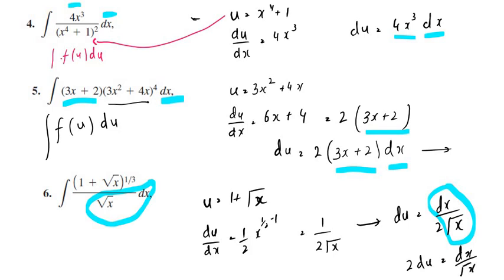So this can be written as a function of u. Let me write that, and then you can integrate it. So u to the power 1/3, you take the 2 outside, and du, and this can be integrated very easily.